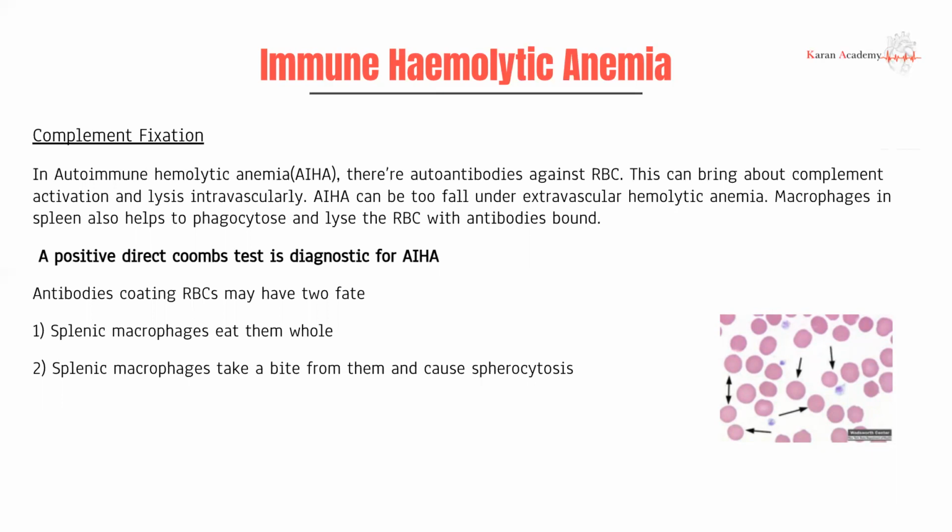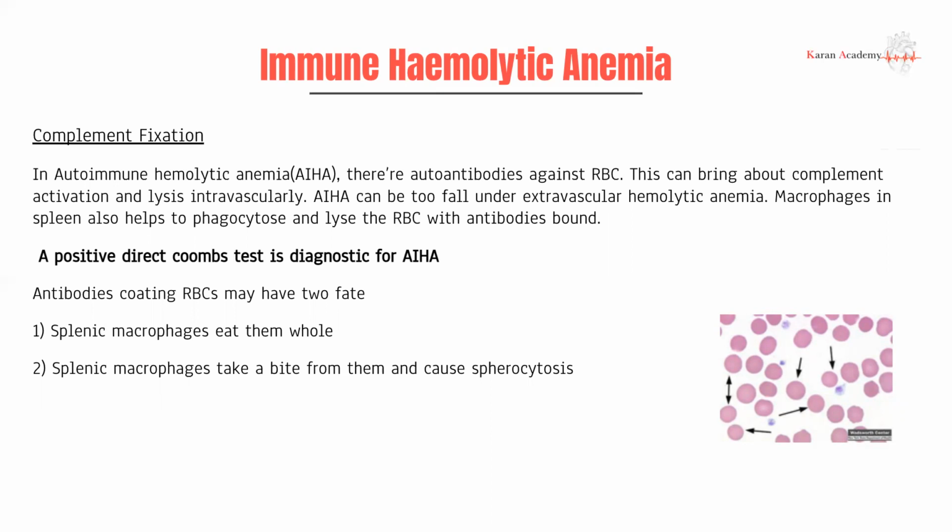So, with autoimmune hemolytic anemia, this can also be extravascular, but it's more rare. What's going on is, again, macrophages in the spleen would phagocytose and lyse the RBCs that are bound to antibodies. The test to do for these cases is called a Coombs test, and we'll talk about what the Coombs test is in a second.